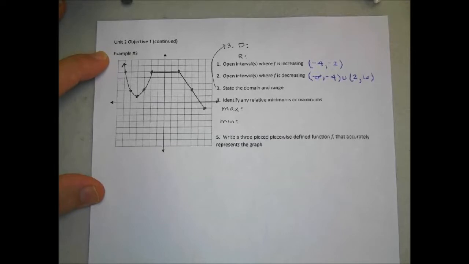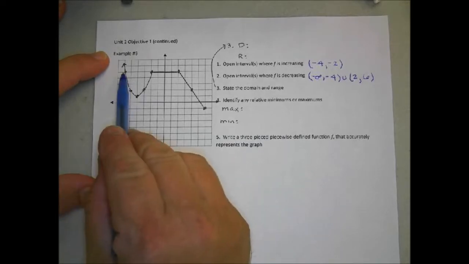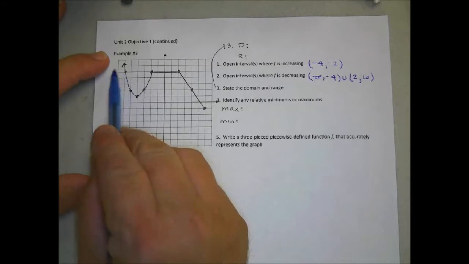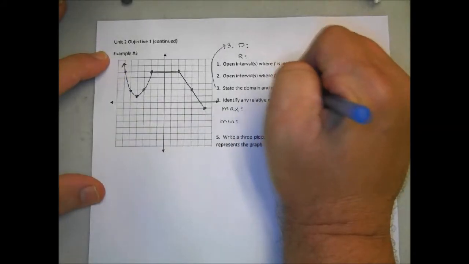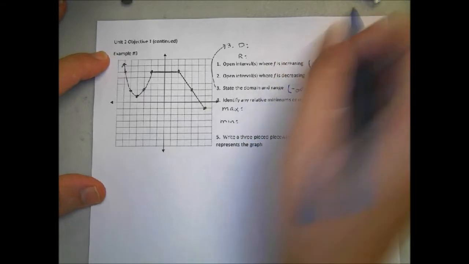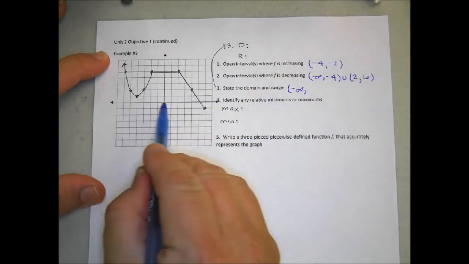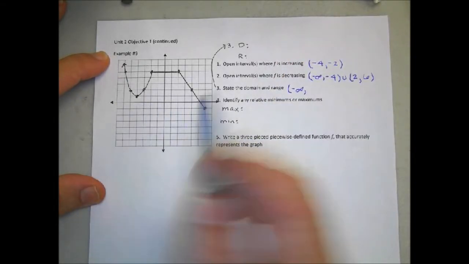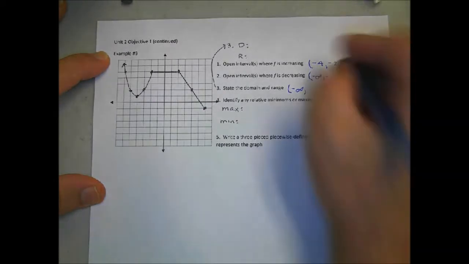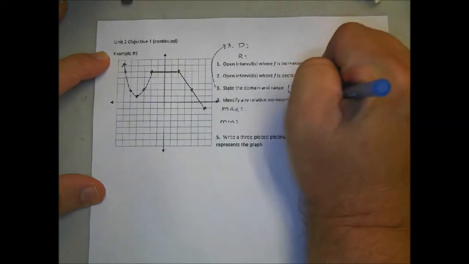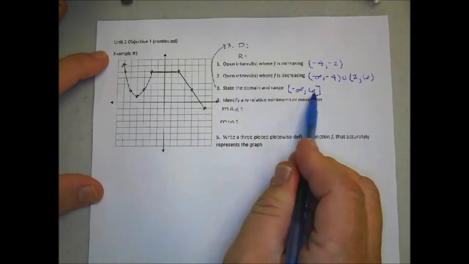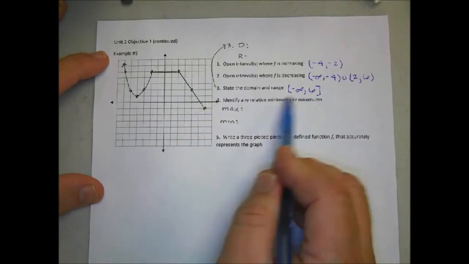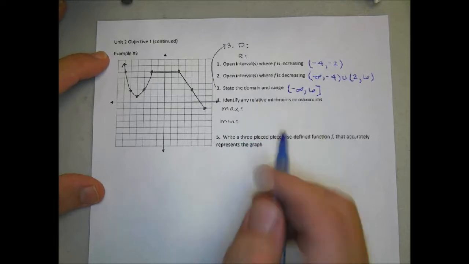State the domain and the range. Well, not only does this go up forever and ever, but it goes out forever and ever. So our domain begins at -infinity, and it works all the way through to an x value of 6. And since that's a closed point, we actually get to use 6. Now, the range.